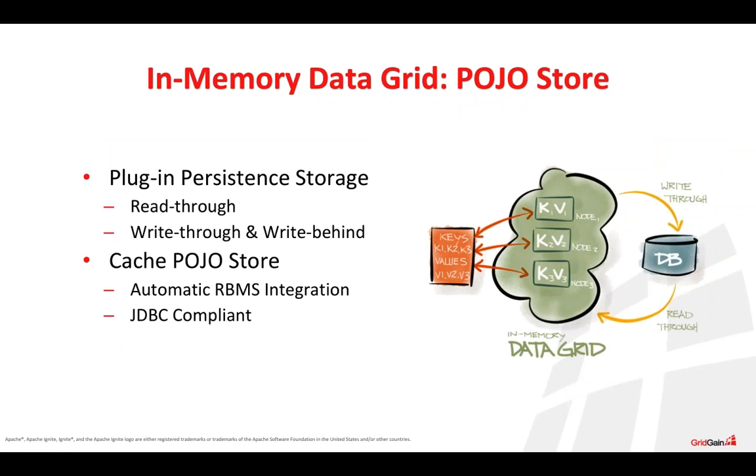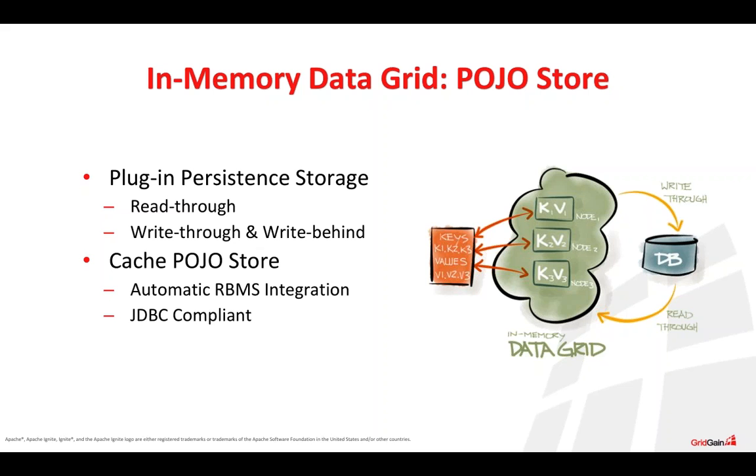We have a special interface which is called CacheStore. It's really straightforward to implement because it exposes several interface methods that are needed for the data grid in order to get data from a database, to put an update to the database, or to delete a value from the database.